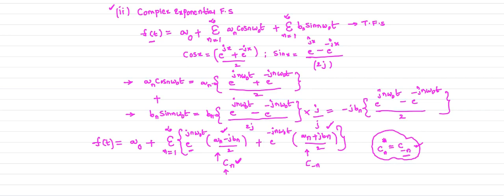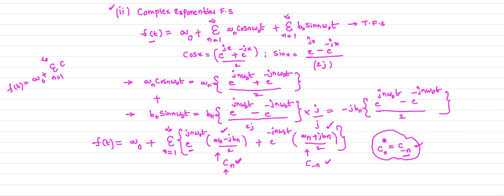This is the representation of your cn conjugate. That's why I considered here c minus n. Now what is the representation here? So your f of t is equal to a naught plus, here sigma n equal to 1 to infinity.